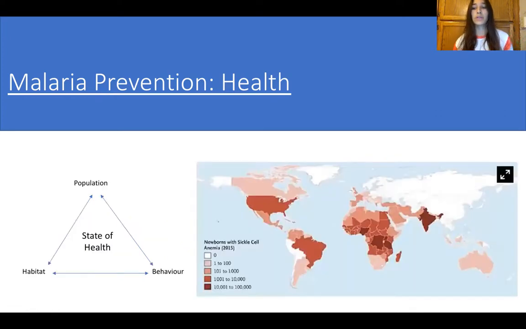So as shown in the graph, sickle cell anemia is mainly prevalent where malaria is present as well. This directly relates to habitat and behavior, as these areas and lifestyles are more likely to cause incidents of malaria. The Maasai tribe is one group that is heavily affected with malaria and has disproportionately high rates of carriers of sickle cell anemia.